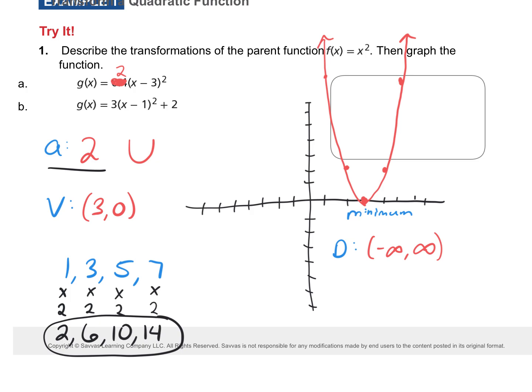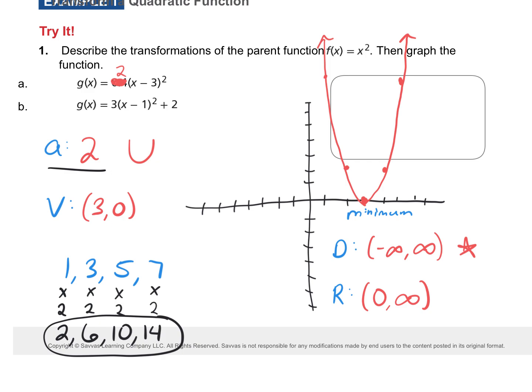Hint: for all quadratic functions, your domain is always going to be this, always the same, no matter what, even if it's opening upside down. The range: what is my lowest y value? It is 0. What's my highest y value? Positive infinity. Now, the range will not always be the same.